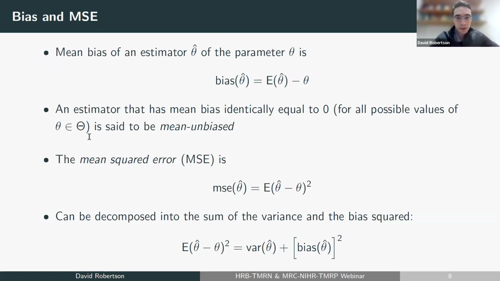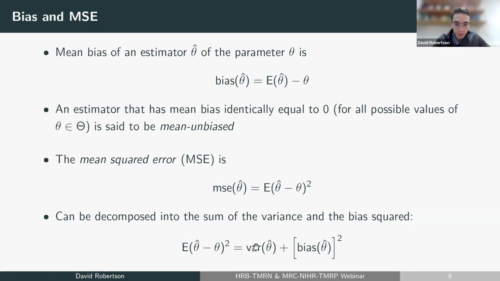Now, we don't just care about bias because there's also the question of the variance of the estimator. And it's no good having an unbiased estimator if the variance is massive. And this has typically been encapsulated in the mean square error, which tries to balance these two considerations.